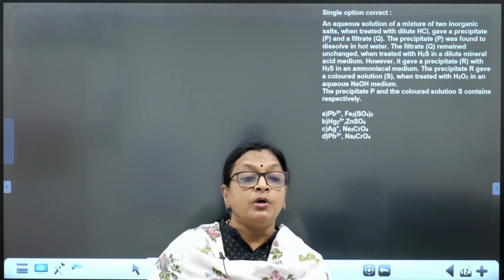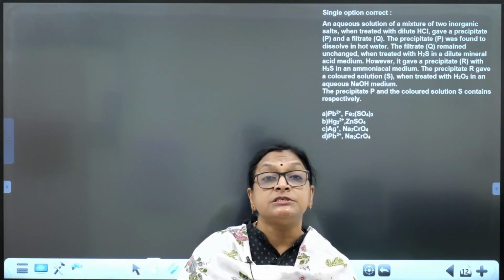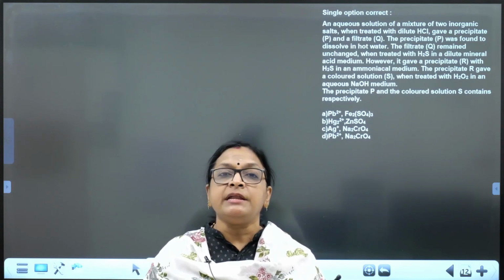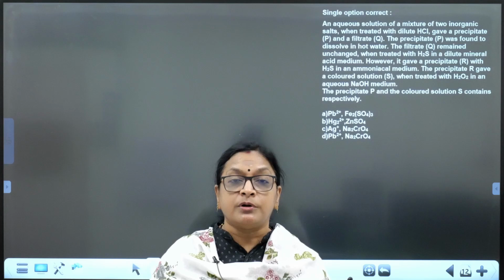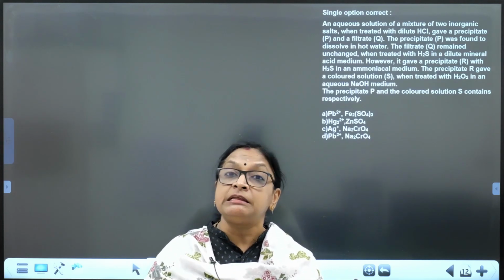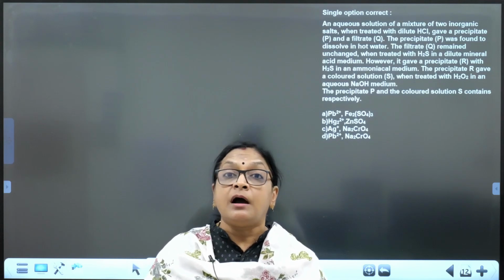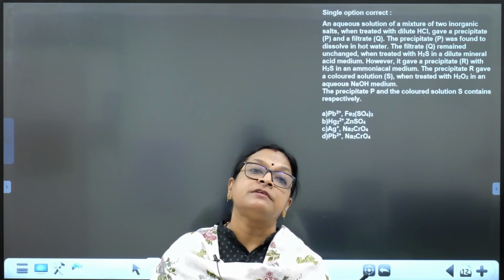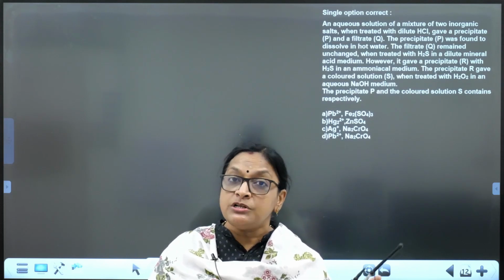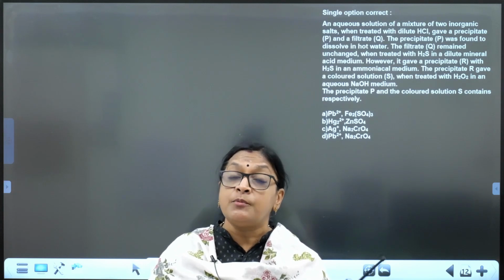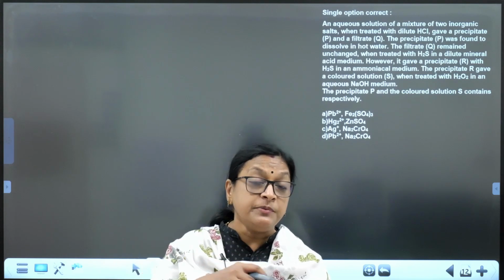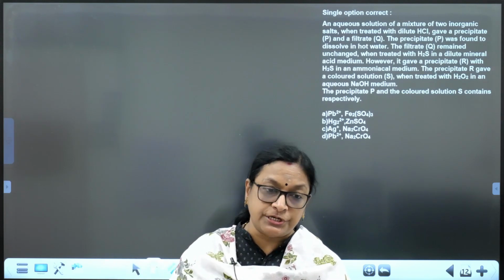Now the clue: the precipitate P was found to dissolve in hot water. Now it's very clear that it is lead chloride which dissolves in hot water. AgCl will not dissolve in hot water. AgCl in fact dissolves in ammoniacal solution. AgCl dissolves in ammonia to produce the soluble ammoniacal Ag+ complex.